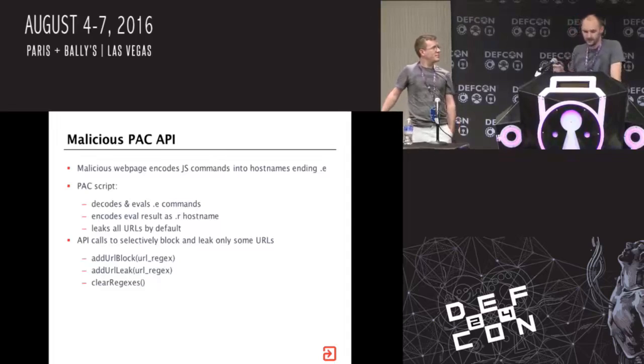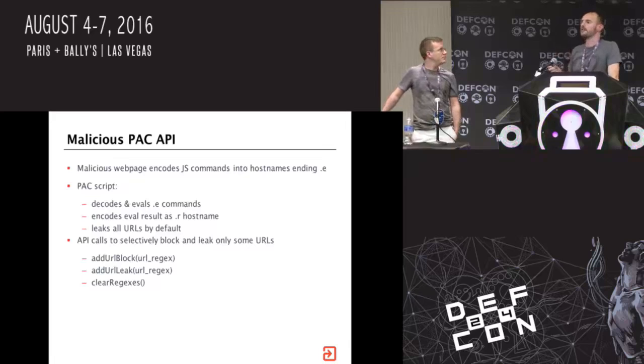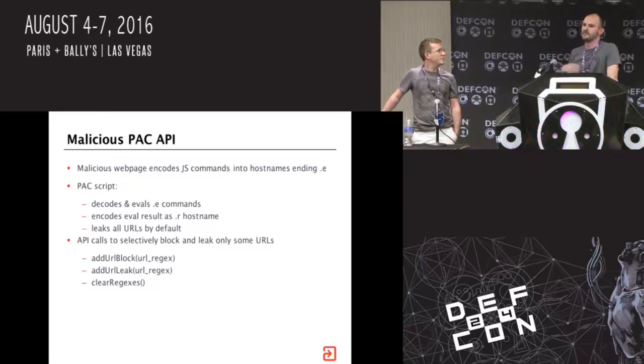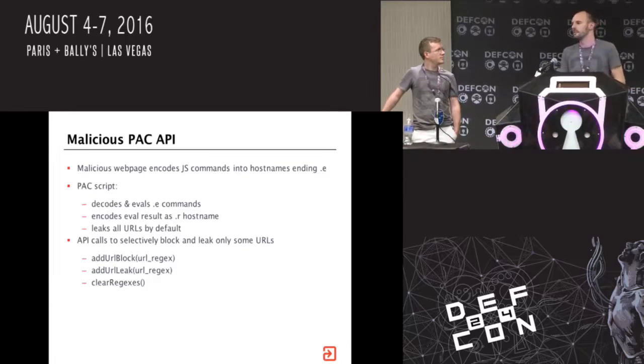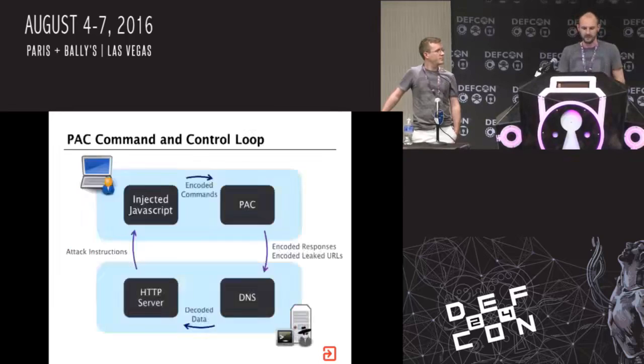We added a small number of functions just to help out what we're doing here. So add block URL, so tell the PAC script to block all requests to a specific regex URL. Add leak URL, so if the URL matches the regex there, it'll leak it to our server, and then clear everything just in case we need to clear everything down and return the PAC to a known good state.